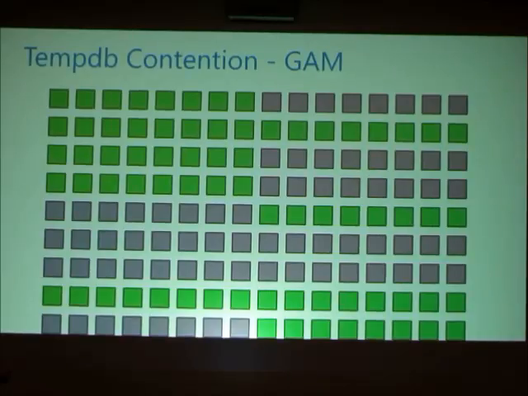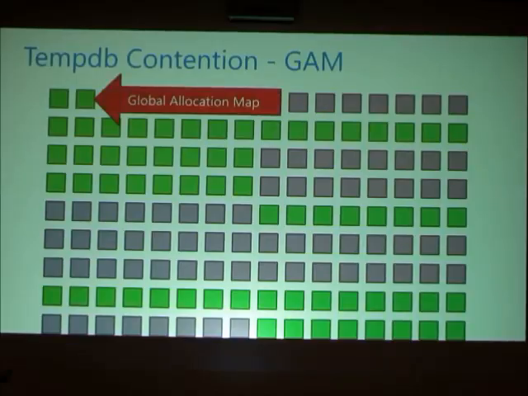It does that in something called the global allocation map, which is on every database file, that second page. That second page keeps track of the allocation status, 1 bit per extent. And if your data file happens to be larger than 1 page's worth of extent bits, then it'll create a new global allocation map.